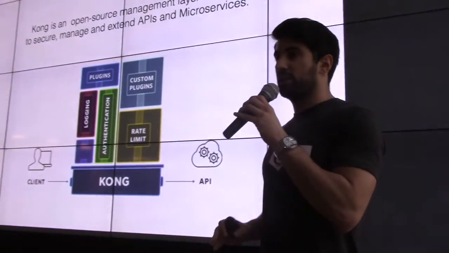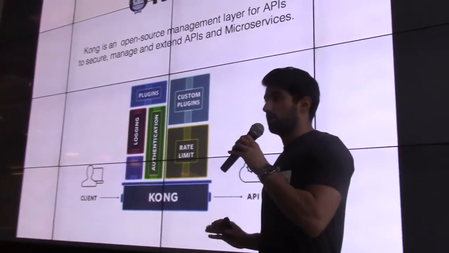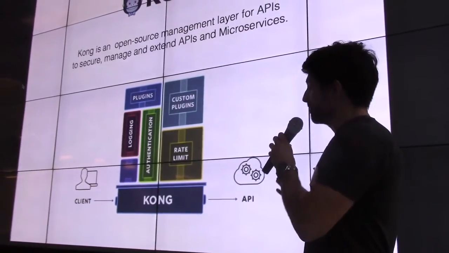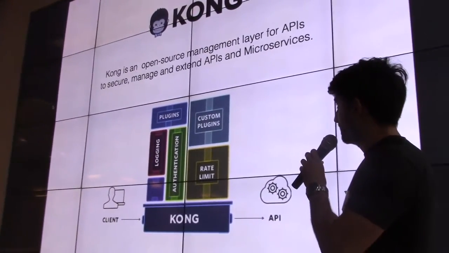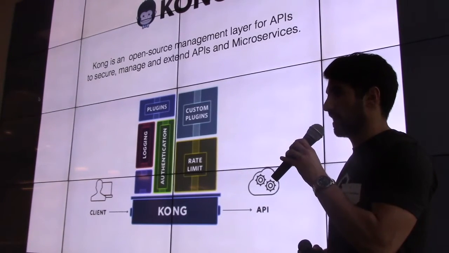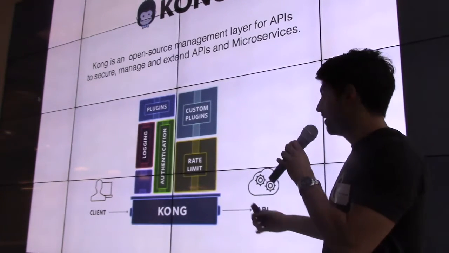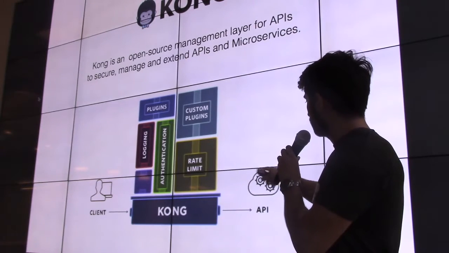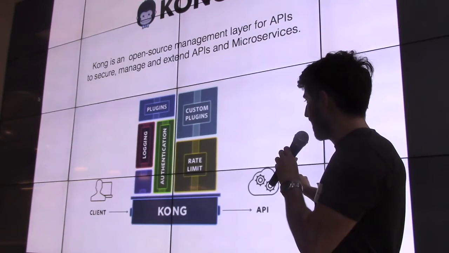First of all, I'm going to give a little introduction of Kong. Kong is an open source management layer for APIs and microservices that manages and extends upstream APIs and microservices you put behind it. So Kong sits in front of any kind of public and private API.